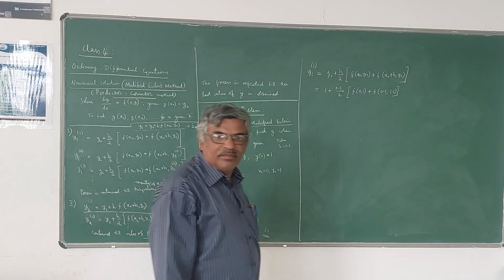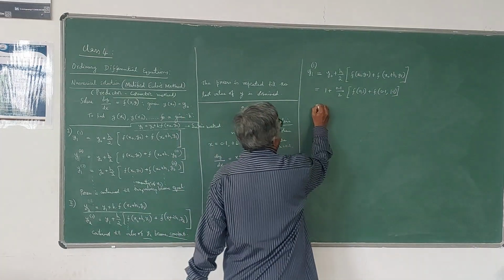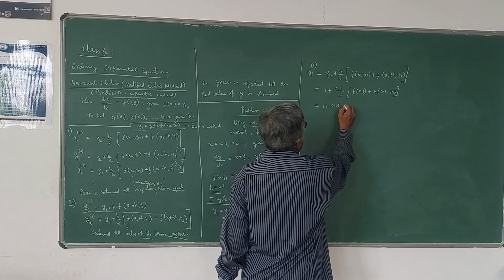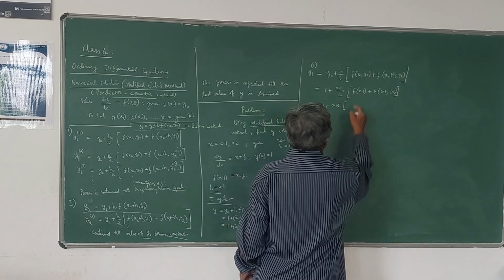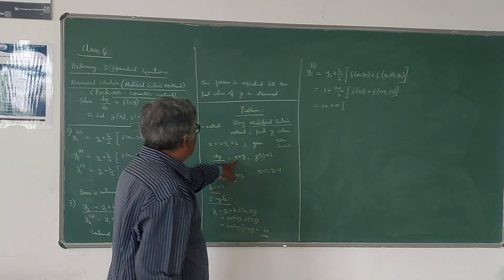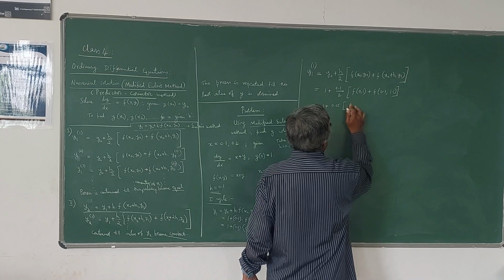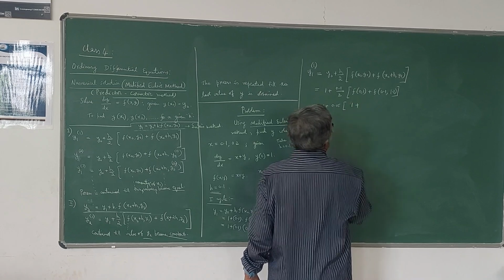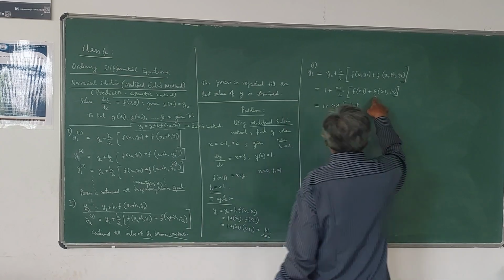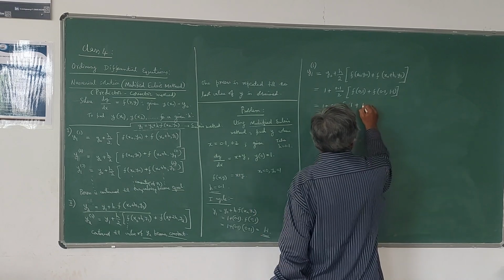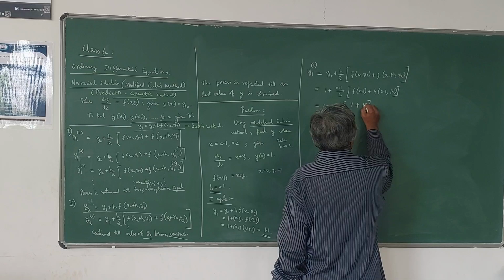Okay. Now let us substitute: 1 plus 0.1 by 2 is 0.05 multiplied by f of 0 comma 1. This is the function, so x is 0, y is 1. Therefore this is 0 plus 1, which is 1 itself. Plus f of x comma y means 0.1 plus 1.1, which is 1.2.